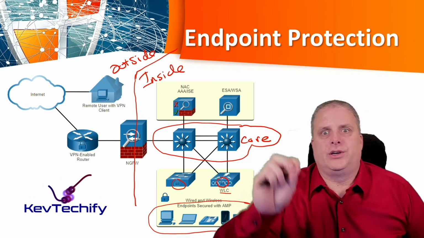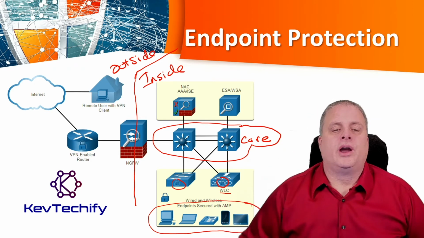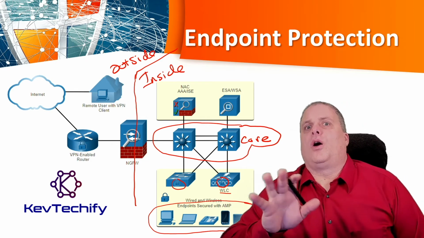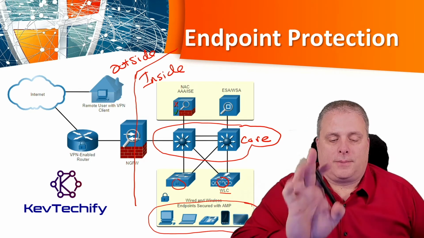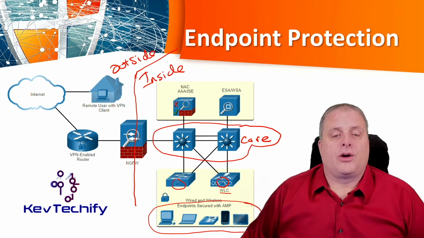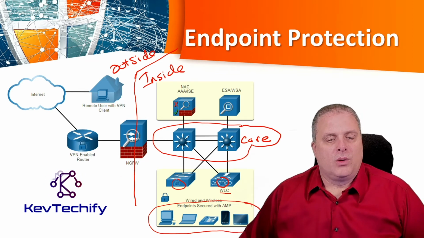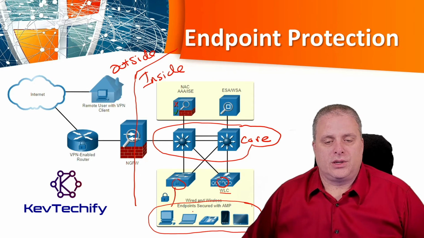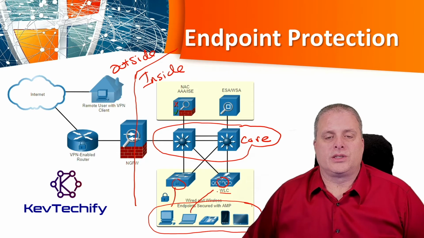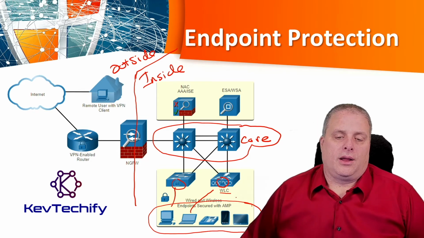That could also include your network access control from that Cisco ISE server, where you have to make sure you have all of your updates and upgrades up to date to allow you access. Once you have that, then you can connect into your system, whether it's through a wired connection on the switch, whether it's through the wireless LAN controller, and get access. But there is some sort of security, and we see the security on the endpoints.